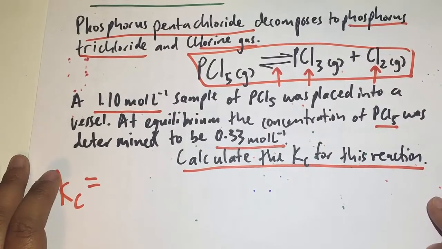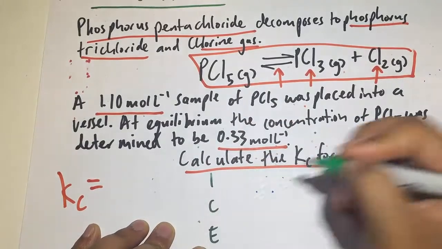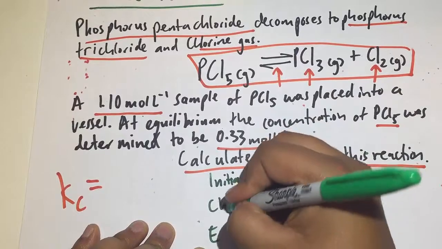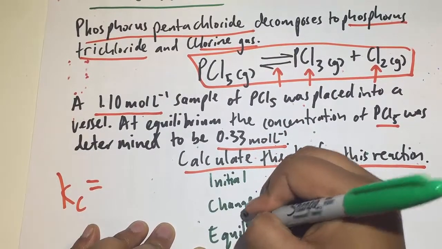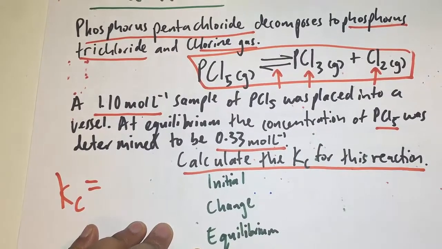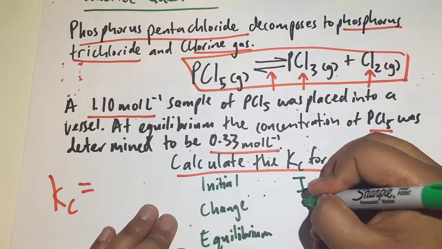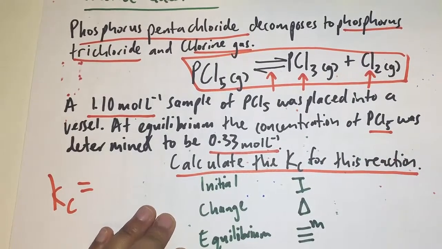A very common way of doing that is the ICE method. ICE stands for initial, change, and then equilibrium. Another way I like to show this when I'm working out is I use the delta symbol for change, and then I use the shorthand for equilibrium.